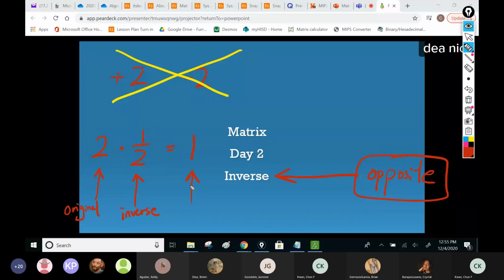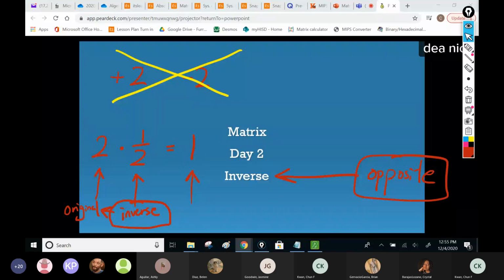That's the definition of inverse. So the inverse is the opposite of the original number, and when you multiply them together, you'll get a positive 1.